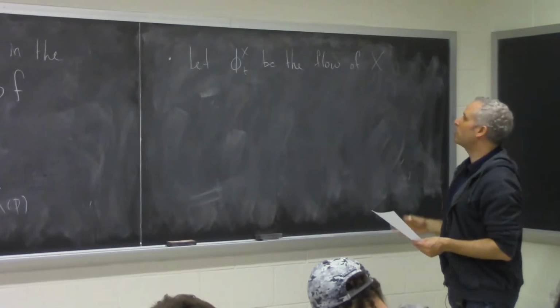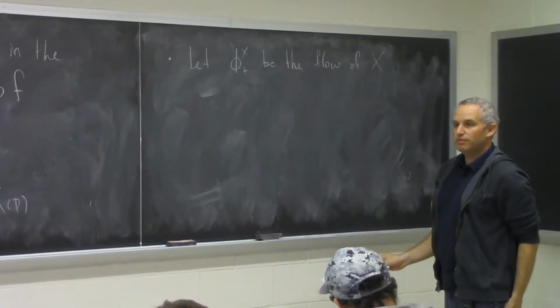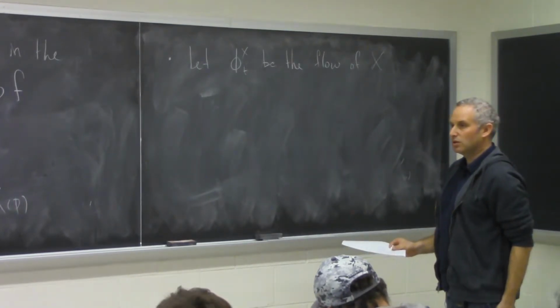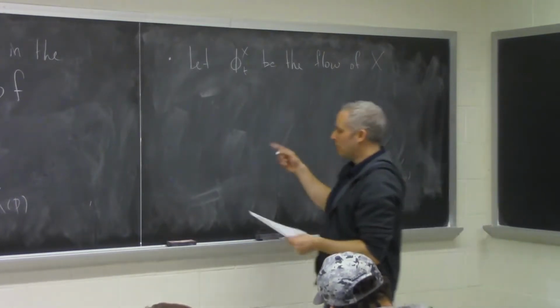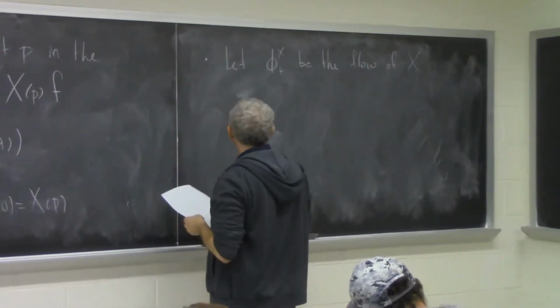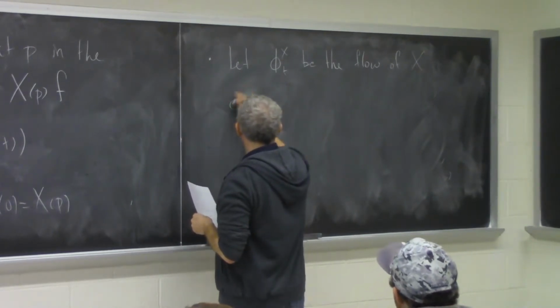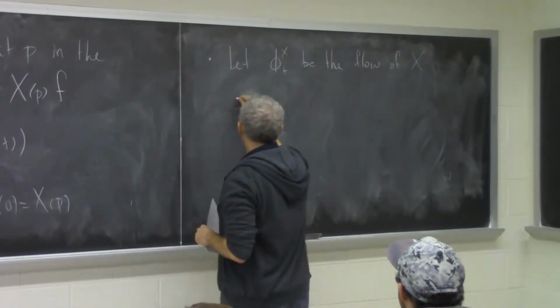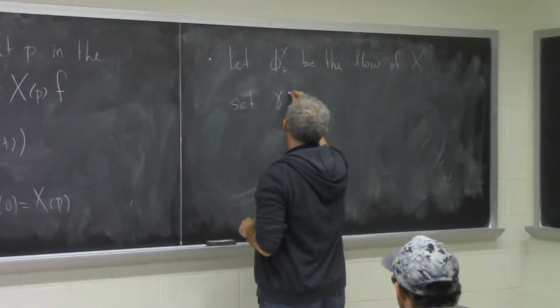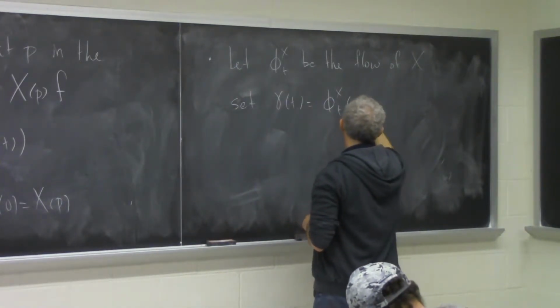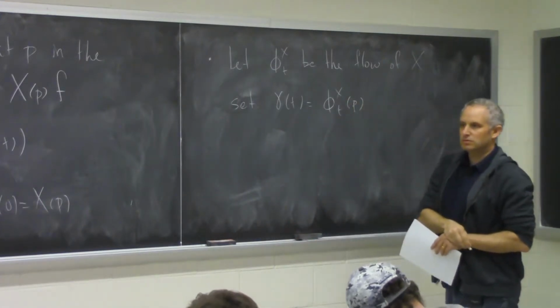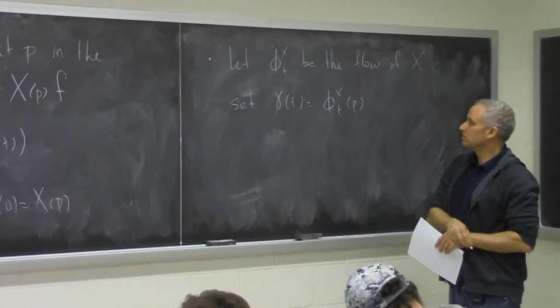We have a recipe. It's a system of first order ordinary differential equations. And what do we know about this? Now we're going to set γ(t) equal to φ^X_t acting on p. Okay?